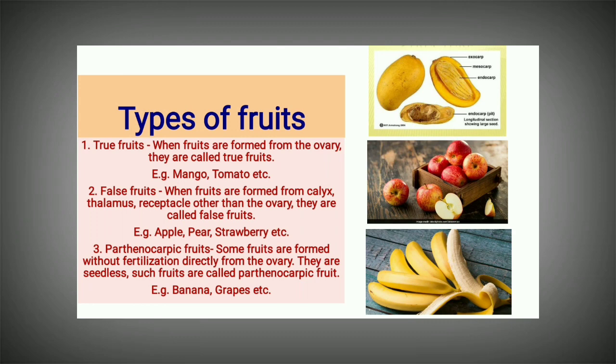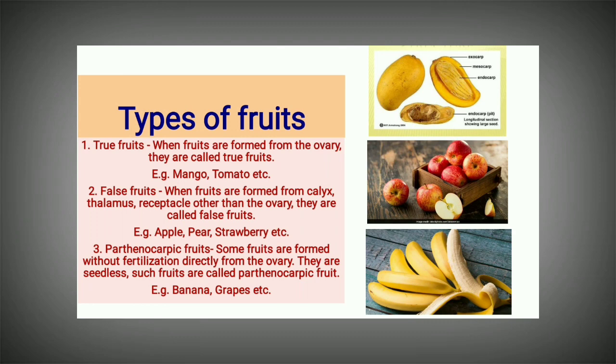Then comes the next type of fruit, which is called false fruit. When fruits are formed from the calyx, thalamus, receptacle other than the ovary, they are called false fruit.